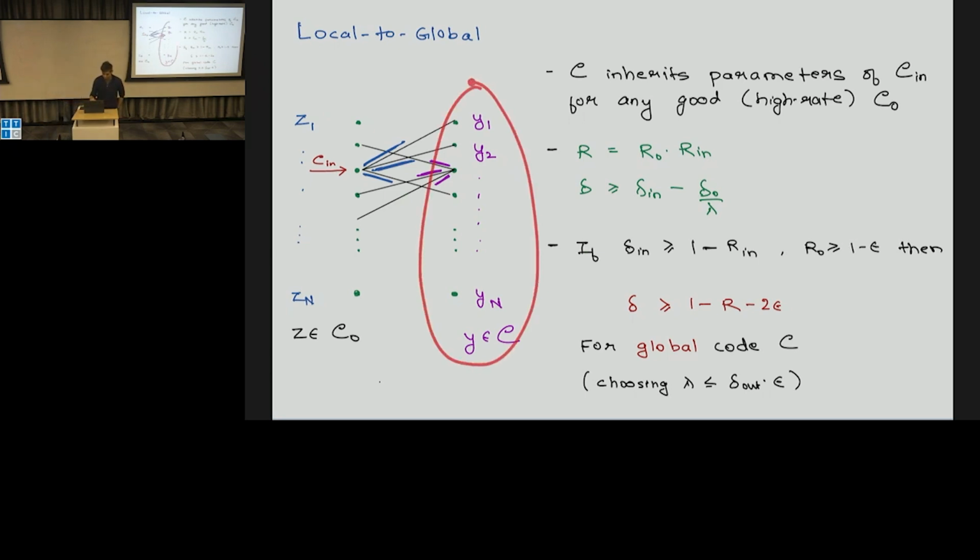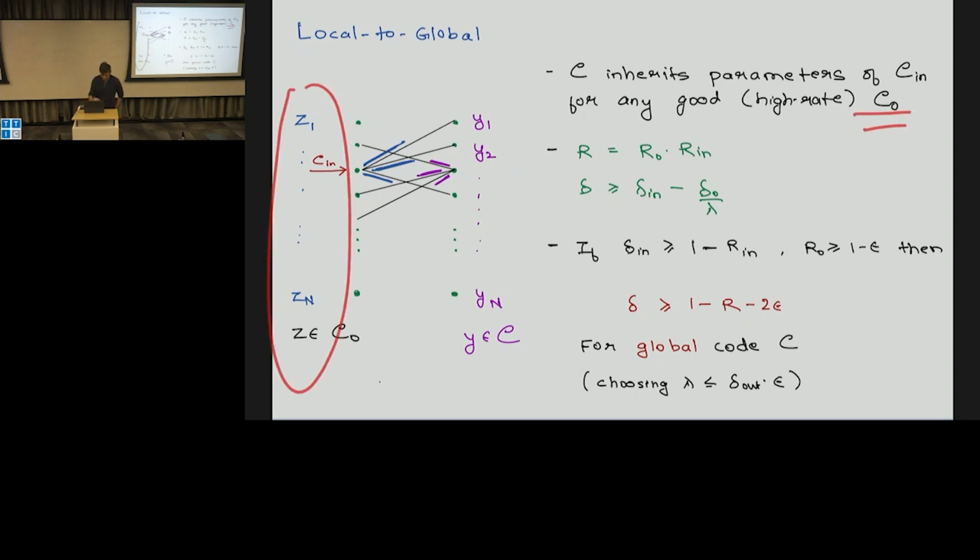So if you found a good code on 10 bits, you can find a good code on n bits for any growing n. And for 10 bits, you can just do brute force search, and there's nothing mysterious about it. You need the starting base code to have high rate, but you don't really care too much about its distance, so you can take any existing code constructions and modify them to get this. This is fairly elementary.